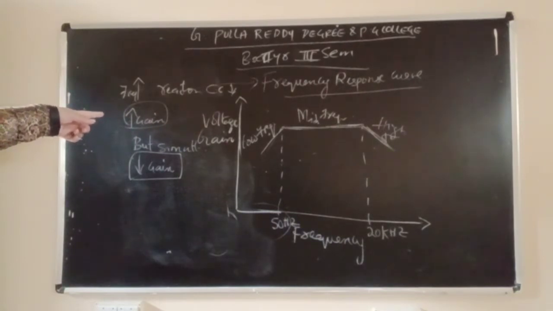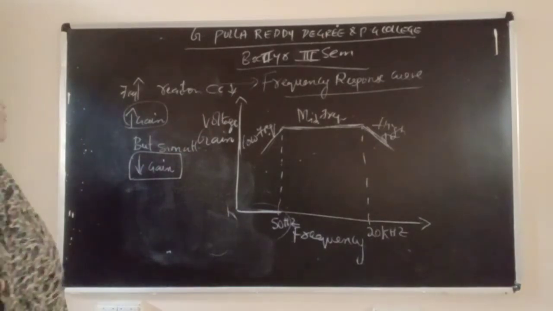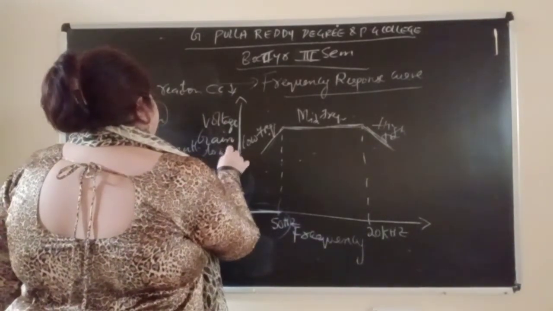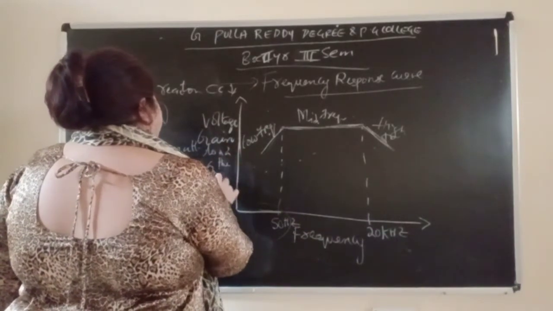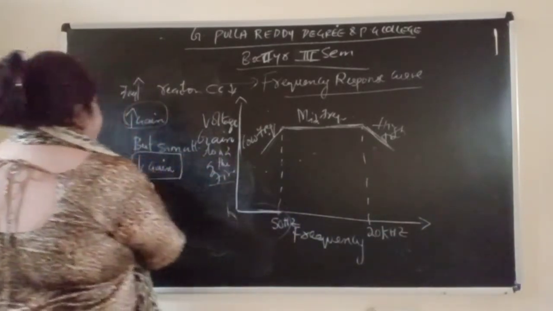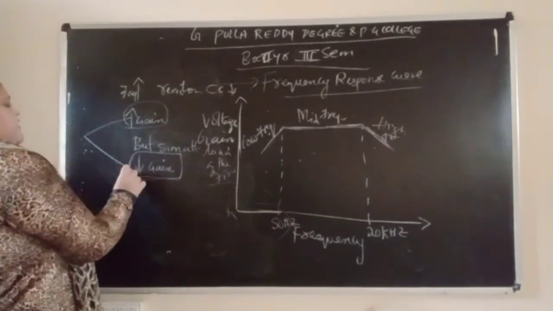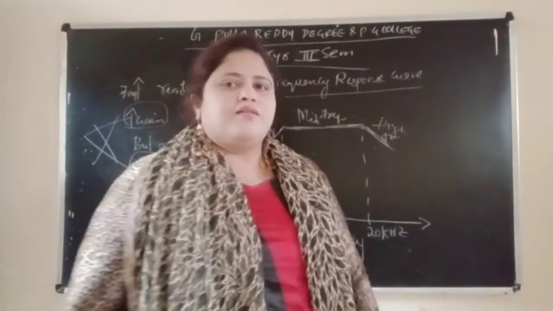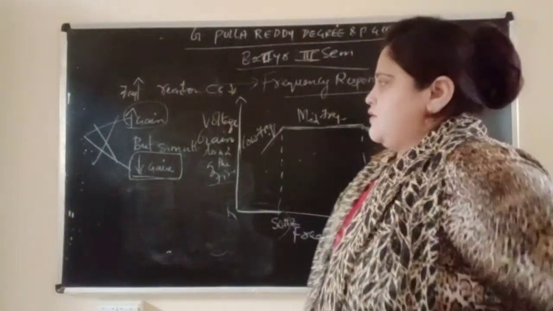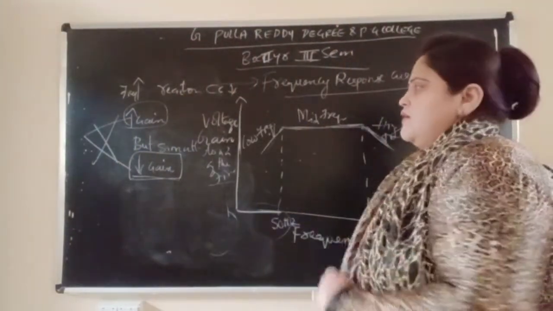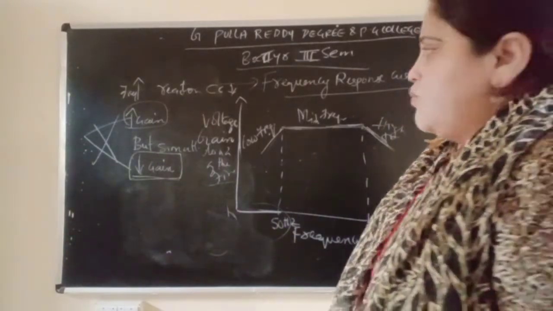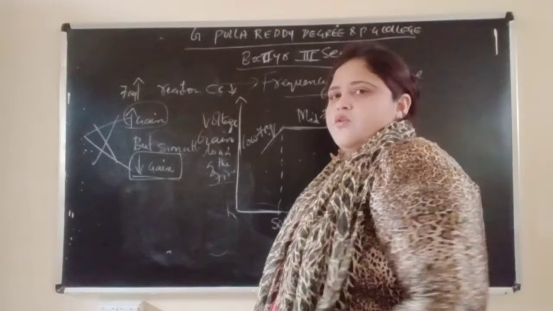But it simultaneously increases the loading of the first stage, which decreases the gain. Increase and decrease cancel each other, and the output, that means the gain, will remain constant.